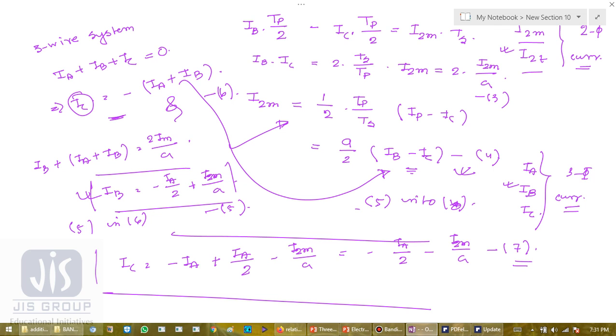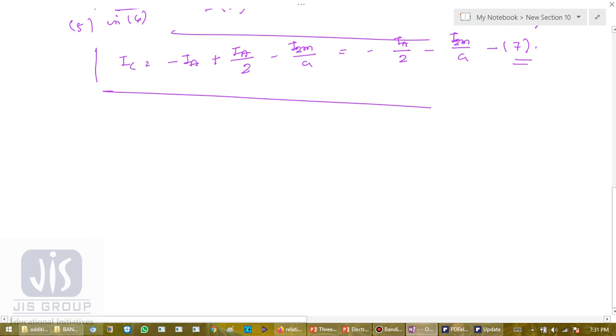Okay. So now let me draw the phasor diagram for balanced load. So let me first draw for the 3-phase side.